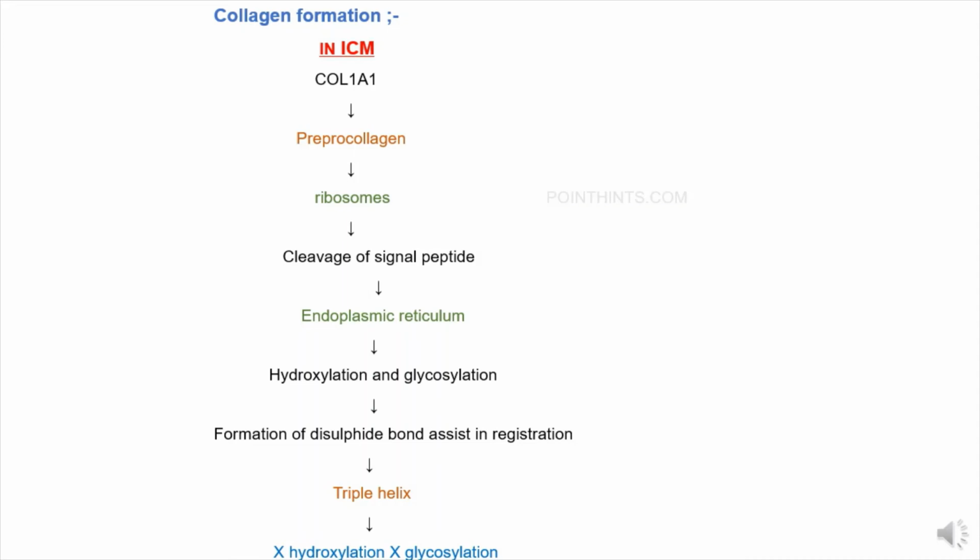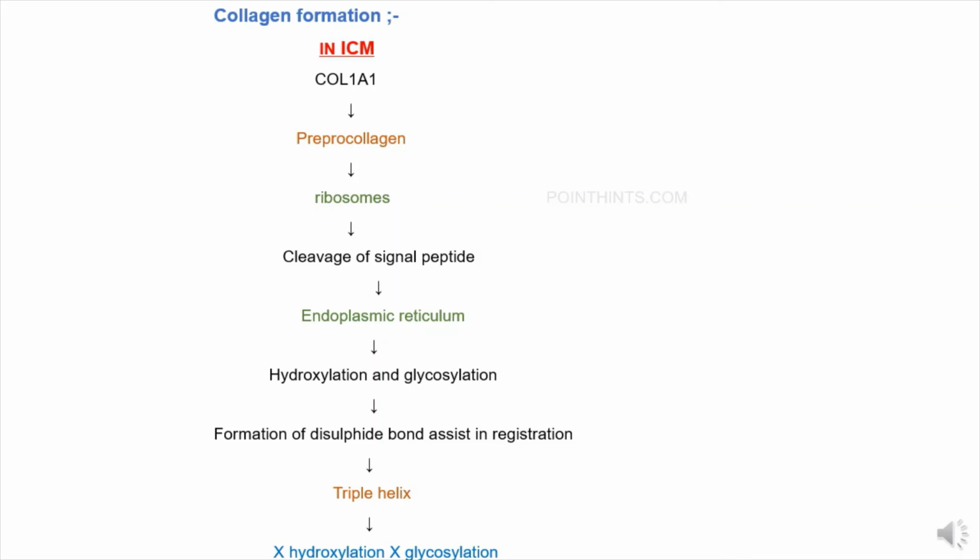This pre-procollagen has an extension which is absent in the mature collagen. That extension has cysteine residues and has the amino end and carboxy terminal. In the amino terminal, it has an intrachain disulfide bond, and at the carboxy terminal both inter- and intrachain disulfide bonds are present.